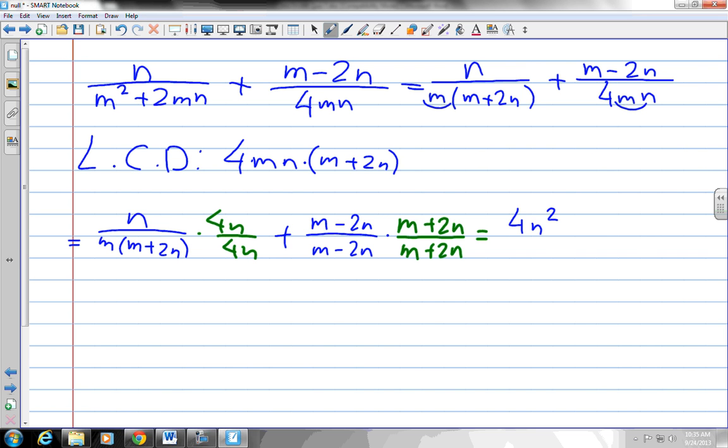Multiplying n and 4n, plus the product of m minus 2n, m plus 2n, all over the LCD.